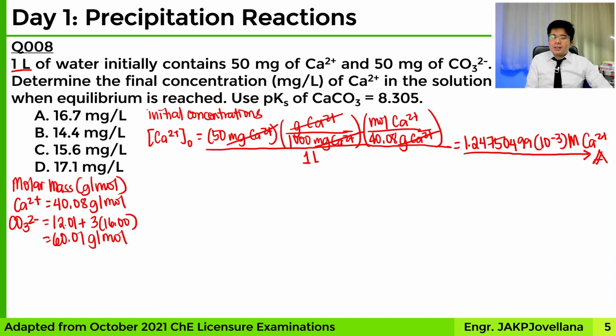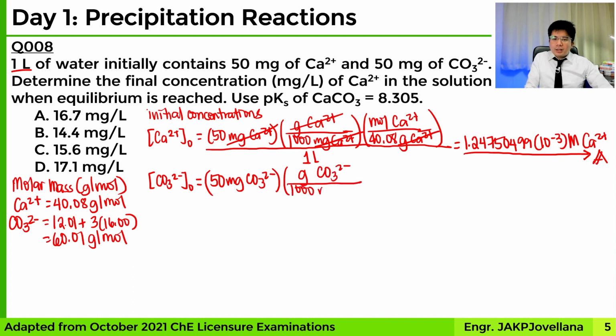Likewise, we can also calculate the initial concentration of the carbonate ion. So we have CO3 2- initial, and the initial concentration is also 50 milligrams of carbonate ion, and convert that first into grams. So grams of carbonate is equivalent to 1,000 milligrams. And using its molar mass, we can calculate the moles of carbonate, which is 60.01 grams per mole.